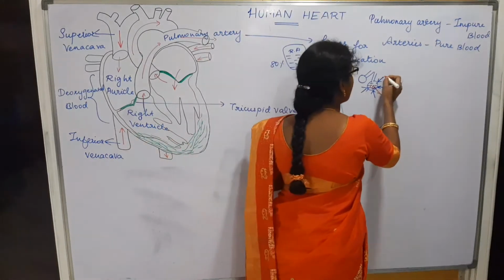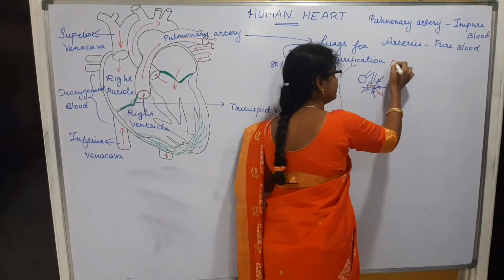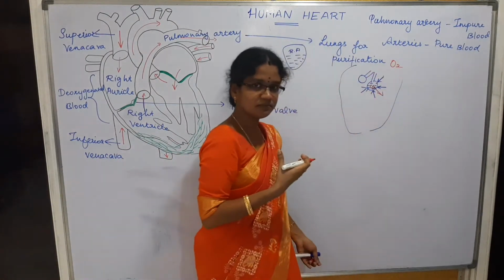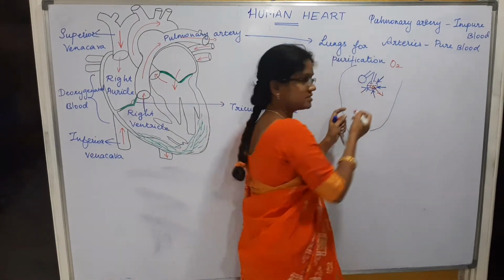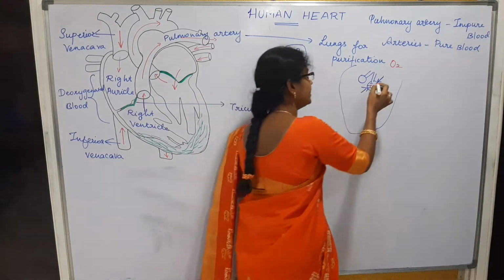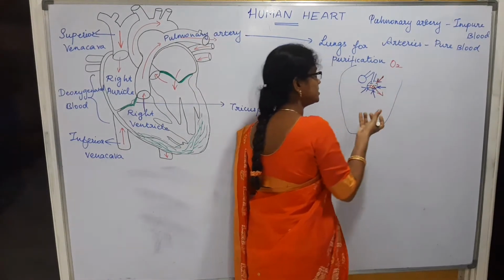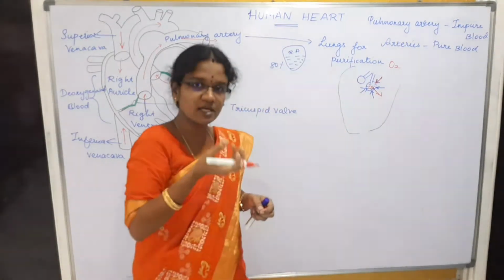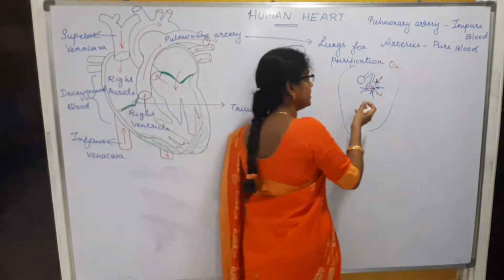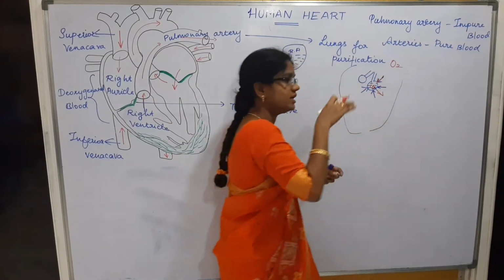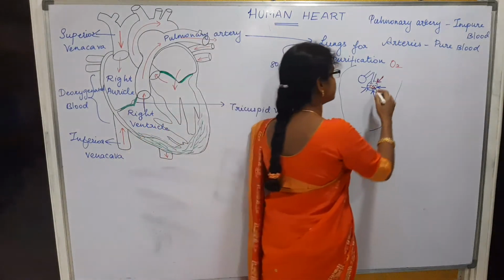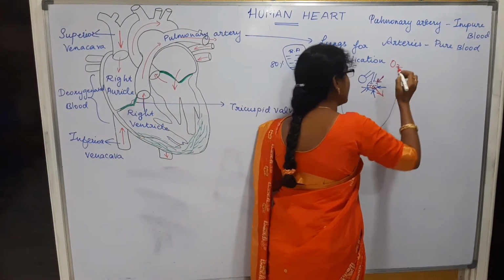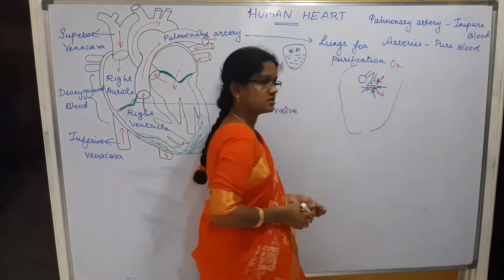The oxygen we have inhaled touches the wall of the air sac. It gets into the blood which is held inside the air sac, and the carbon dioxide which is already present in this deoxygenated blood gets exchanged. It goes outside and the pure oxygen comes inside.